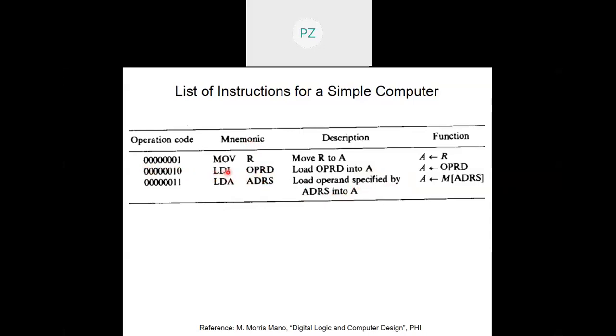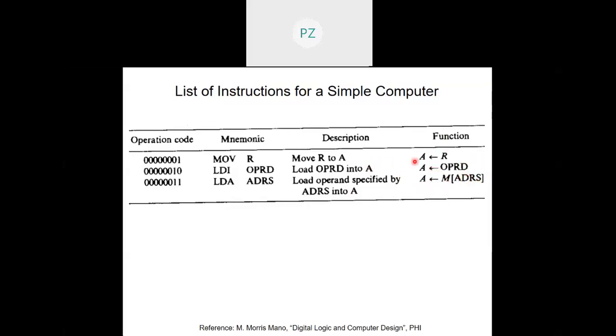This says load immediate OPRD into A. Load direct register A, and the address is specified. So the contents of the location specified by the address in the memory are loaded into A. So these are the 3 basic instructions that we are designing this simple computer for.